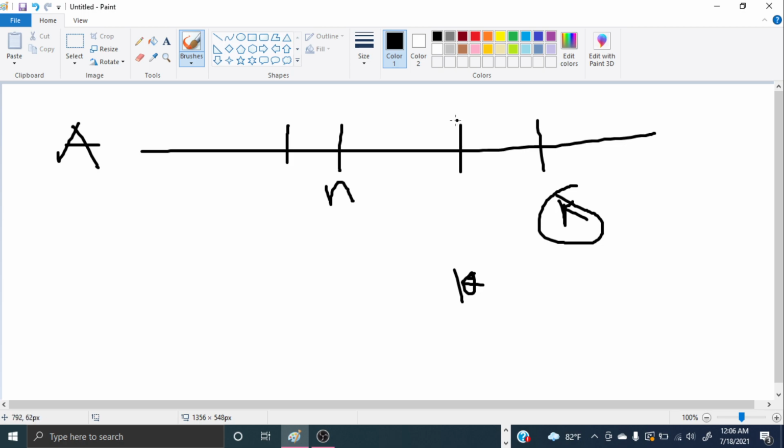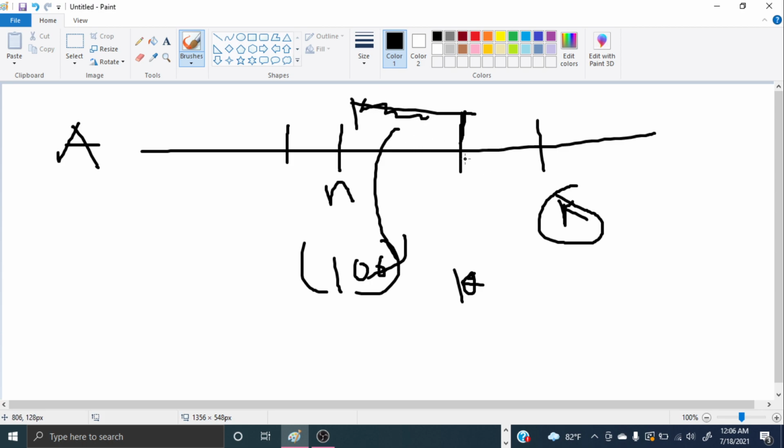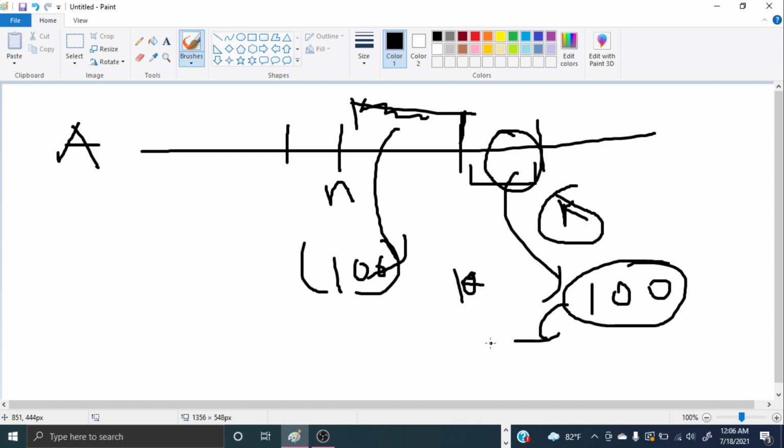If the k minus k by 4 value is here, then for the rest of this part, you have to add 100. Oh, sorry, not this part. K minus k by 4, which means this part; you will only add this part. This part is definitely going to be within your answer.